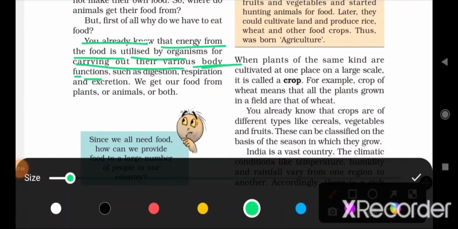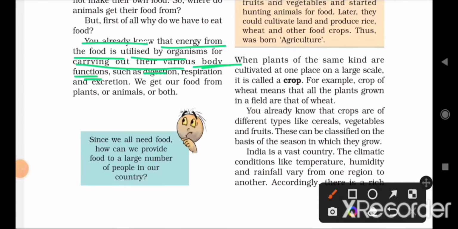Digestion means what the animals eat is broken down in the stomach. Respiration is taking in oxygen and giving out carbon dioxide. And excretion is the removal of waste products produced by the organism.